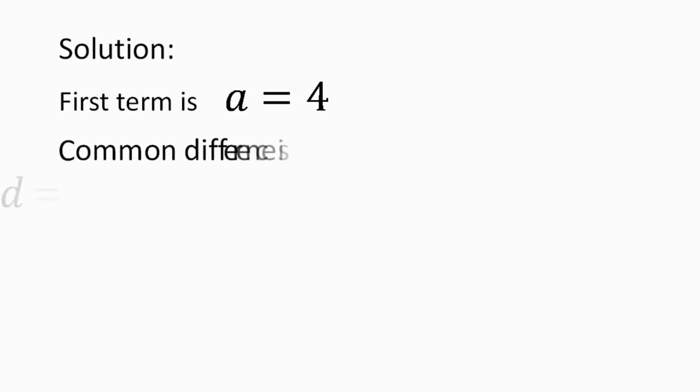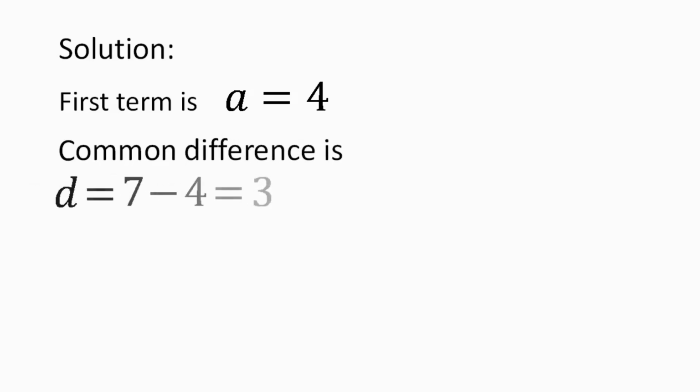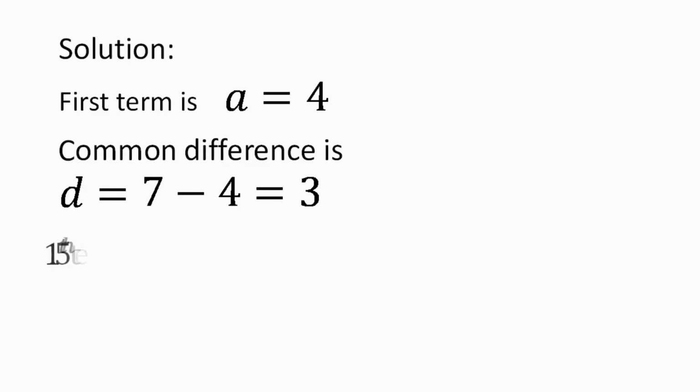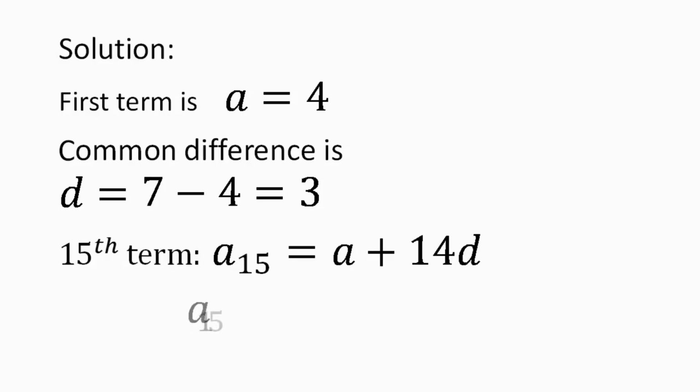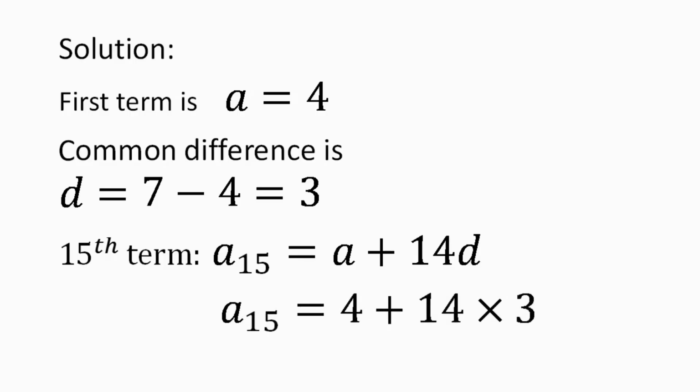The common difference can be found by subtracting two consecutive terms. Here, subtracting the first term from the second term, that is 7 minus 4, is equal to 3. Now, write the formula for the 15th term. That is A15 is equal to A plus 14D. So, A15 is equal to 4 plus 14 multiplied by 3. On simplification, we get A15 is equal to 46.